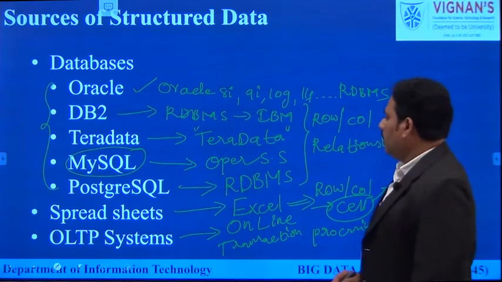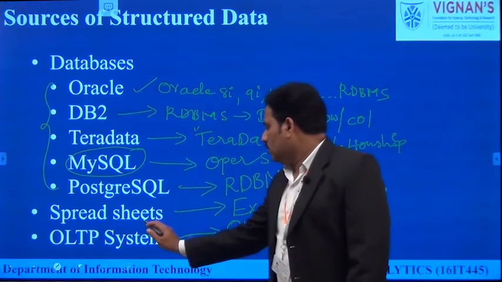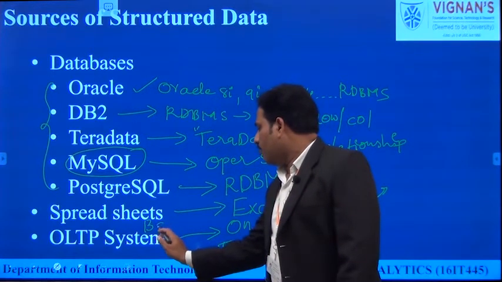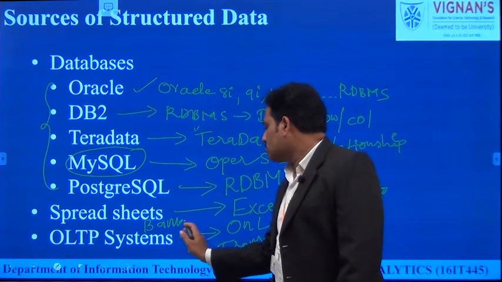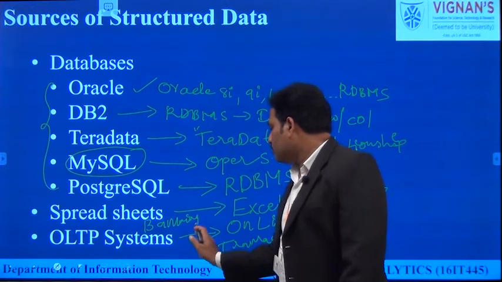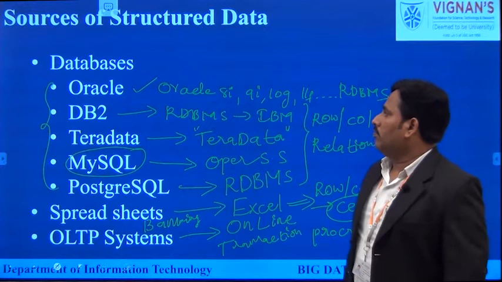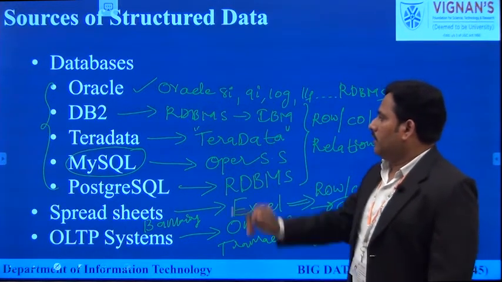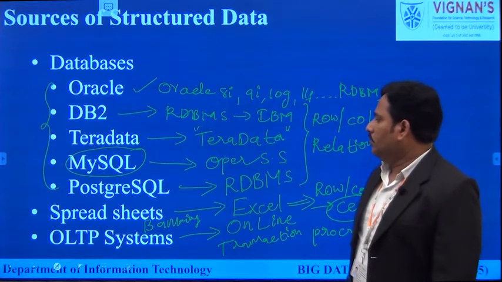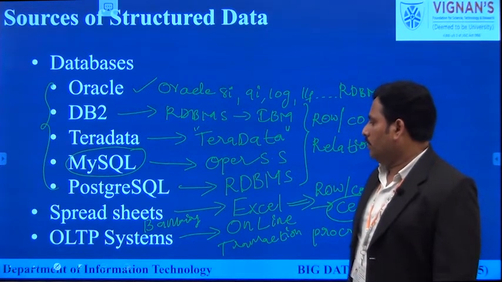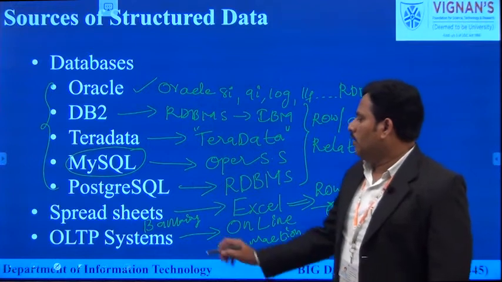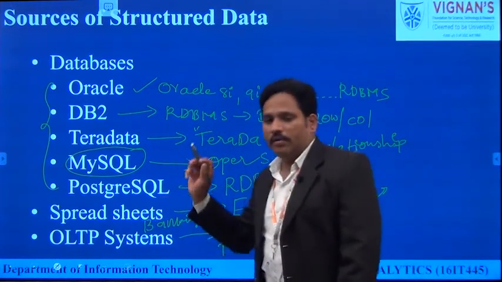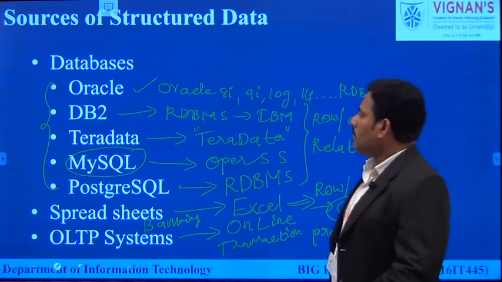Example, when we are dealing about banking applications, the day-to-day transactions of banking are going to be stored in this OLTP environment. So these are the major sources of structured data. They are databases like Oracle, DB2, Teradata, MySQL, PostgreSQL, and spreadsheets, OLTP systems.